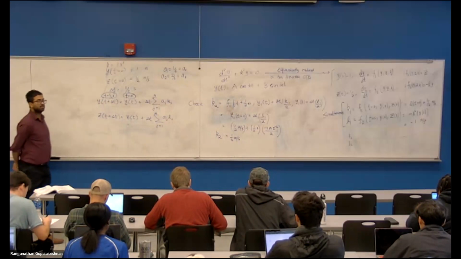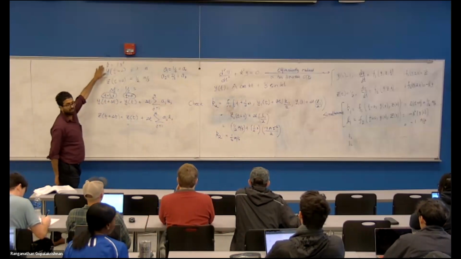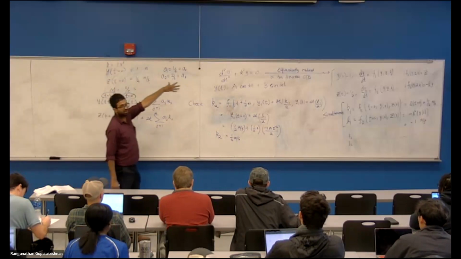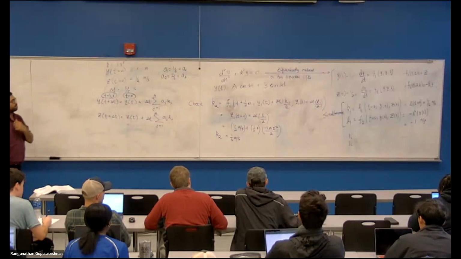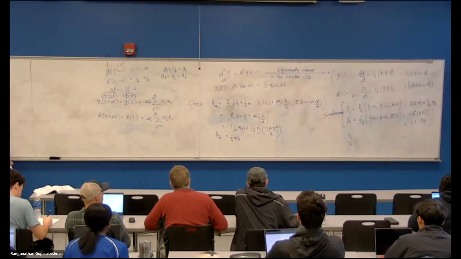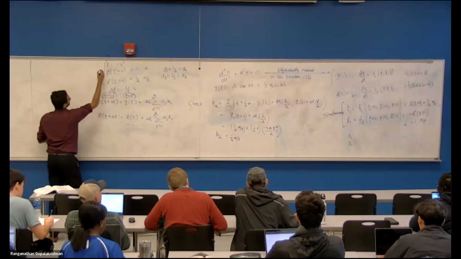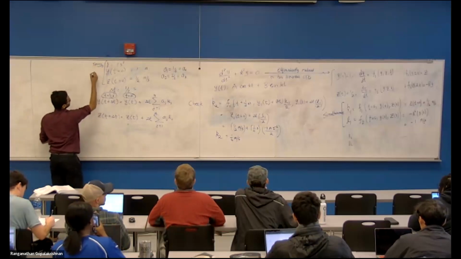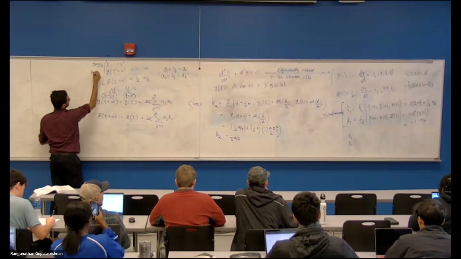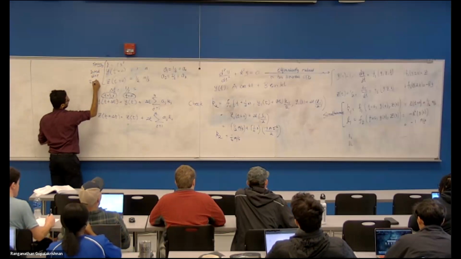Yeah. At the top of the board, the value of k, did we solve for that? No, that is a parameter given in the problem. Okay. It's like the spring constant. These are given values. This is just like a spring constant. This is initial displacement. This is initial speed or velocity.